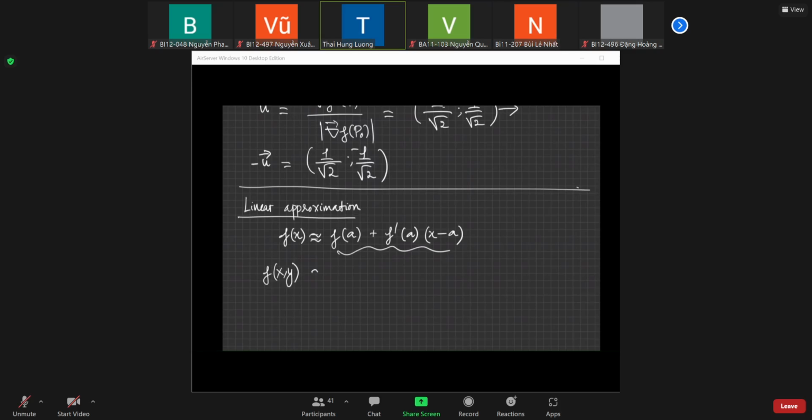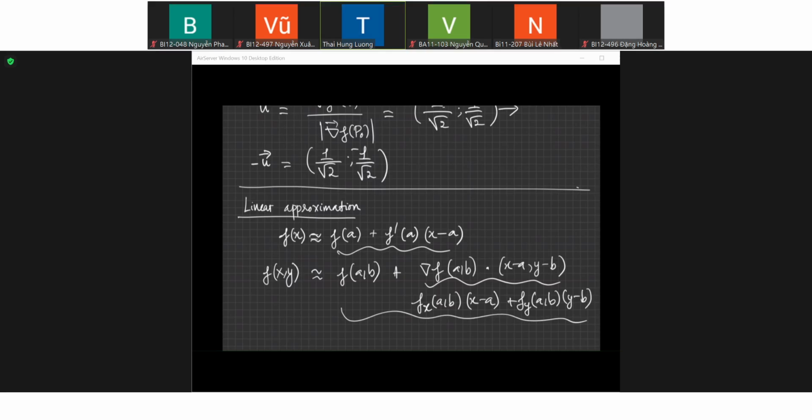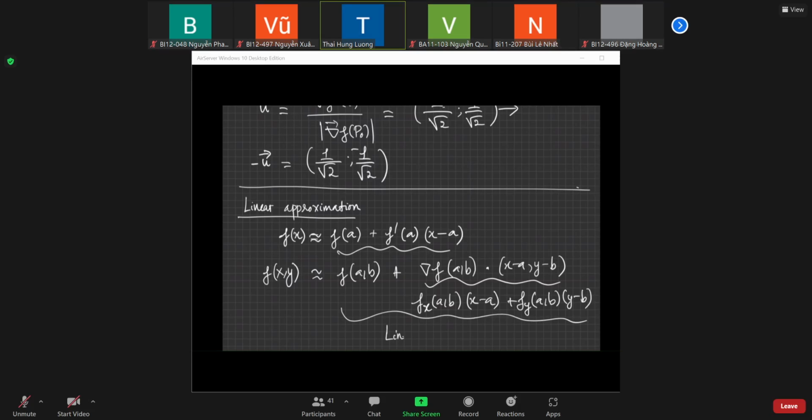Okay. So you can rewrite this one by this. So the right hand side is called the linearization of the function f at (a, b). Okay.